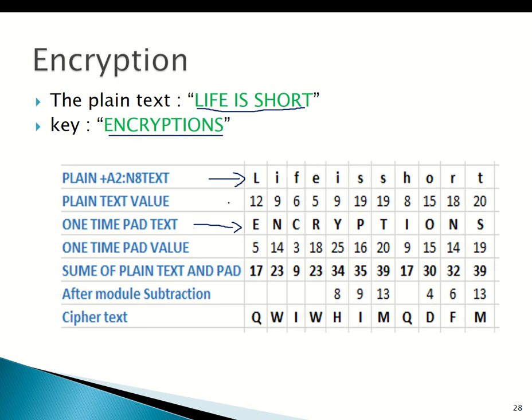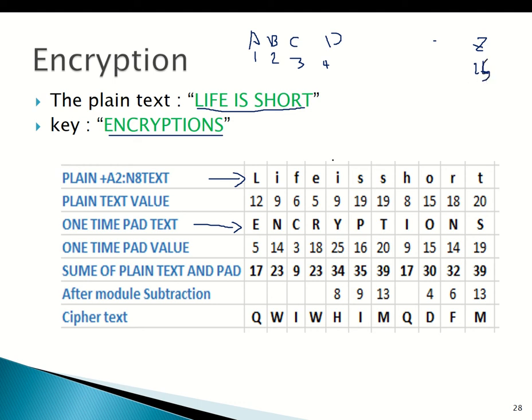Now these numbers are basically the order of the letters. We have A, B, C, D, and so on until Z. The order of the letters is 1, 2, 3, 4 until 26.